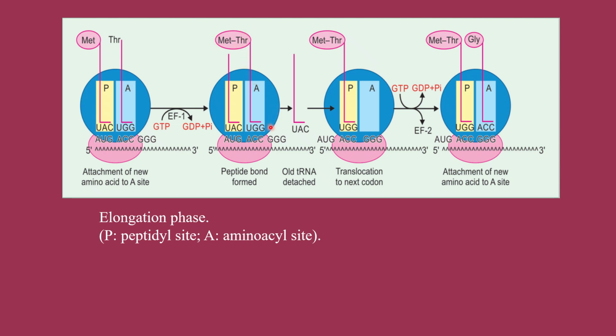Now there is a time for translocation, meaning shifting of the A site tRNA to the P site, and the P site amino acid has to donate this methionine because it is now attached with the peptide bond, and the empty tRNA now goes onto the back side, on the exit side, and from there it is removed. So this tRNA containing the UAC anticodon, you can see it here, it is knocked out via the exit site.